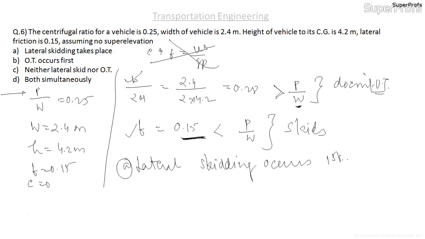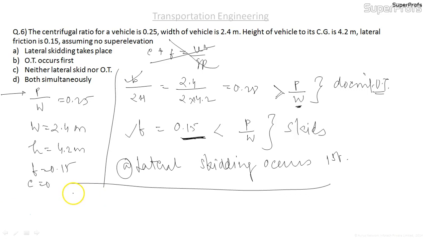So we are done with this question, and we are also done with the numerical problems on horizontal curves. So guys, just a recap, this chapter of horizontal curves is part of highway geometry design, and in this chapter we initiated with some theoretical concepts on the horizontal curves.